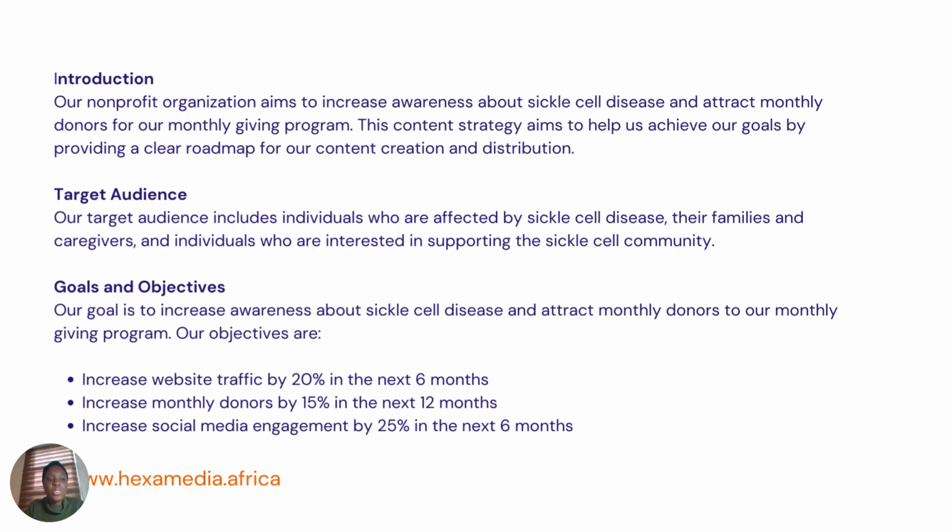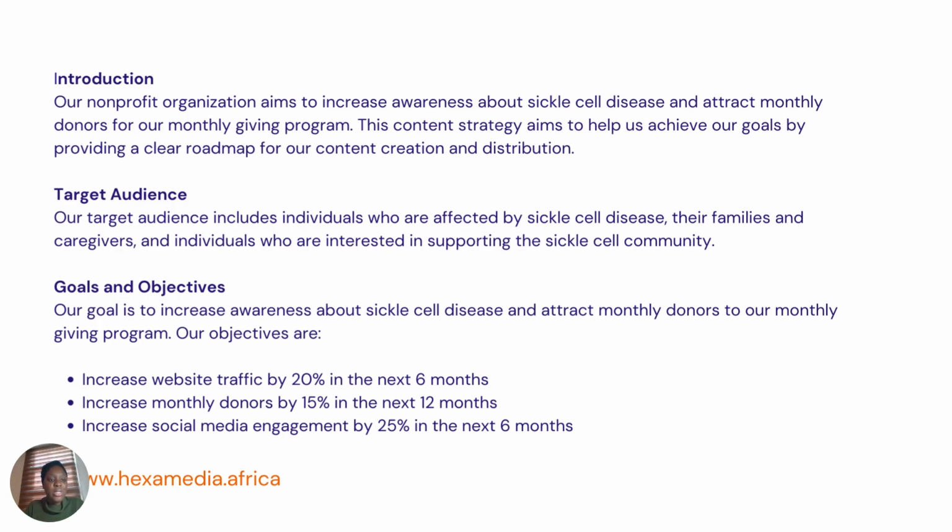I have a sample here, an example for a nonprofit organization that aims to increase awareness about sickle cell and attract monthly donors for their monthly giving program. So this content strategy basically is helping the organization to achieve their goals through content.